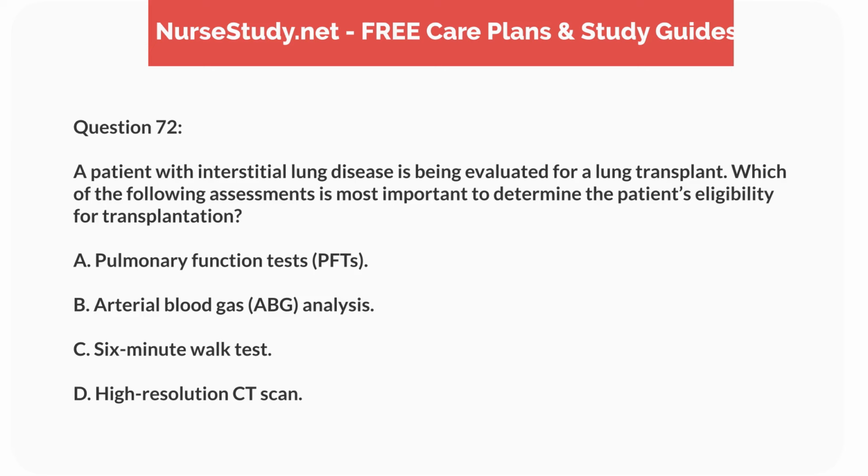Question 72. A patient with interstitial lung disease is being evaluated for a lung transplant. Which of the following assessments is most important to determine the patient's eligibility for transplantation? A. Pulmonary function tests, PFTs. B. Arterial blood gas, ABG, analysis. C. 6-minute walk test. D. High-resolution CT scan.